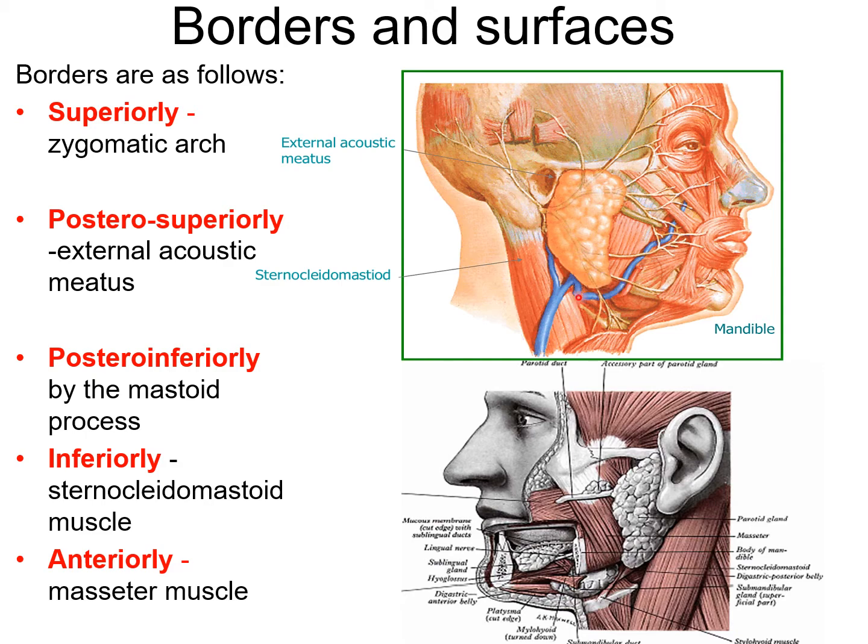Inferiorly, the gland is limited by the sternocleidomastoid muscle. Anteriorly, the masseter muscle limits the gland. So this is the location of the parotid gland. It is sandwiched between the ramus of the mandible anteriorly and the sternocleidomastoid posteriorly.